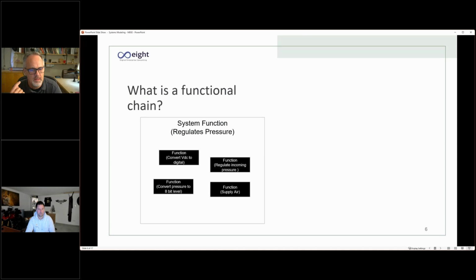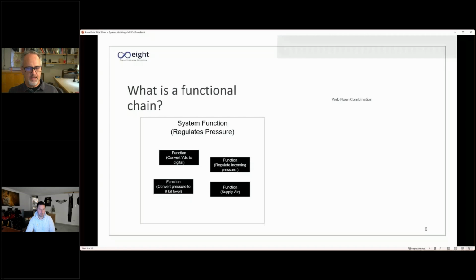In that case, we expand out the function and put sub-functions inside of it. Each one of those sub-functions is going to be delivered with different components. So if we want to supply the air, or convert pressure to an 8-bit level, or convert the volts DC to digital, whatever we need to do to get that sort of control, we identify those functions and chain them together.